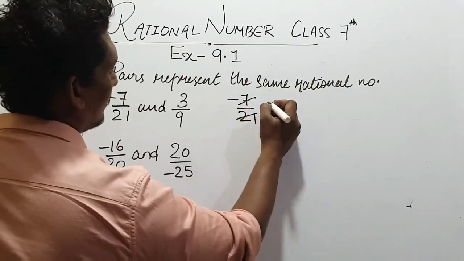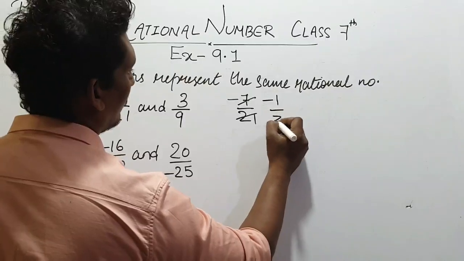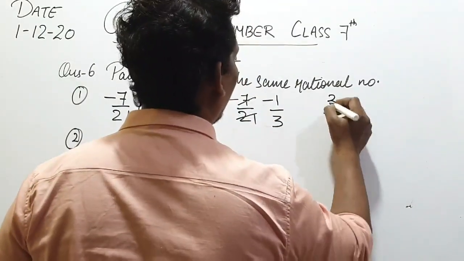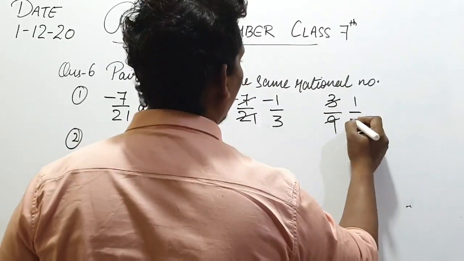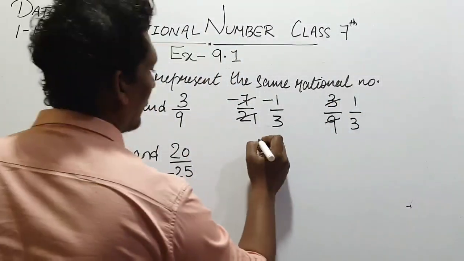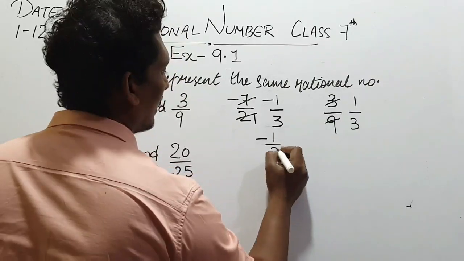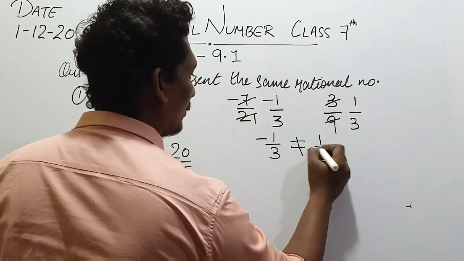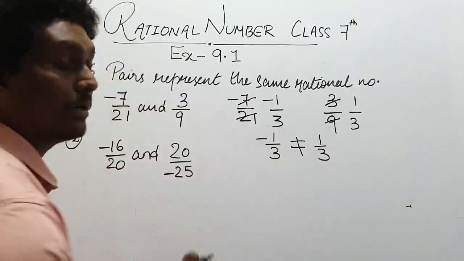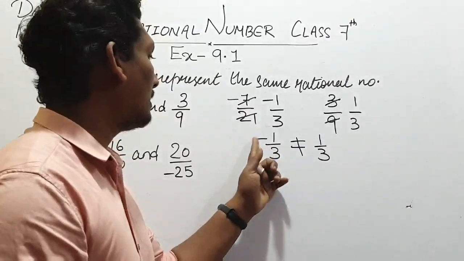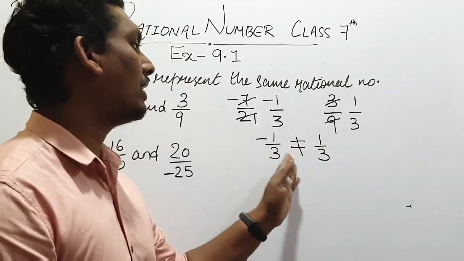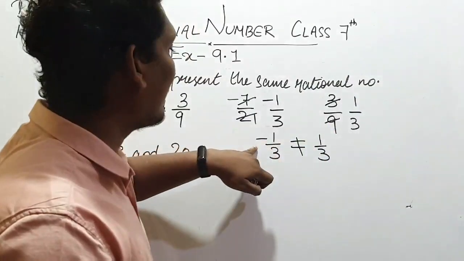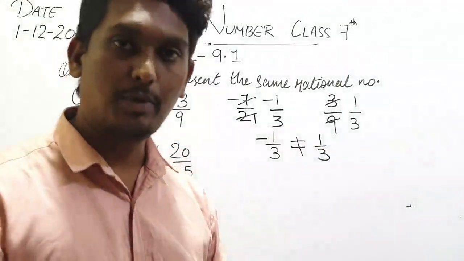When I cut this one, I'll get -1 upon 3, and when I cut 3 by 9, I get 1 upon 3. The problem is that in the first case I am getting a negative sign, so this is not equal to that. -1 by 3 is not equal to 1 by 3, because one is negative and another one is positive.